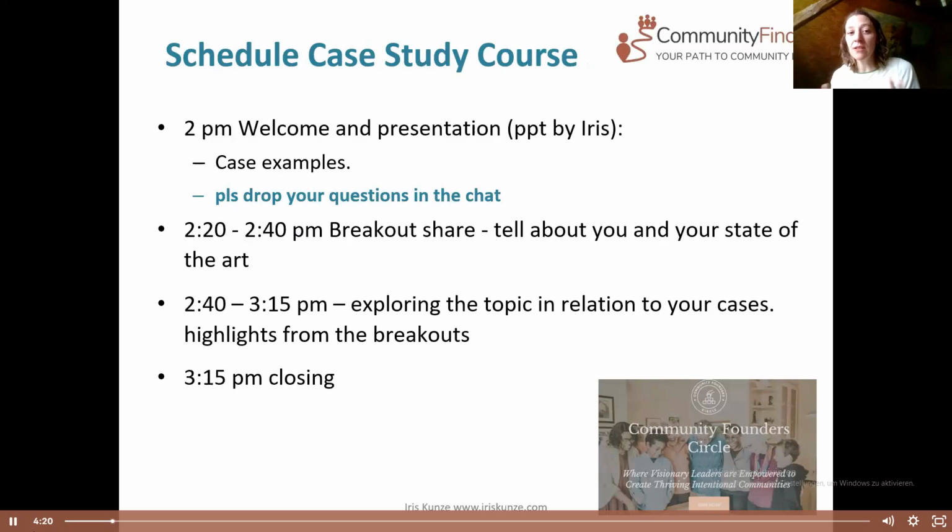Then we have a 20-minute breakout share, or maybe 15, since we have a small group today and can do it shorter. We will indicate when you each have about 5 minutes to tell, and then 5 minutes for exchange. I think this is a good time. Then we have a 15-minute breakout session, and then we can discuss more in the group here. I have also prepared some more questions that we can go into with your cases.